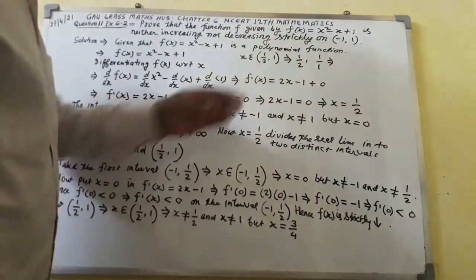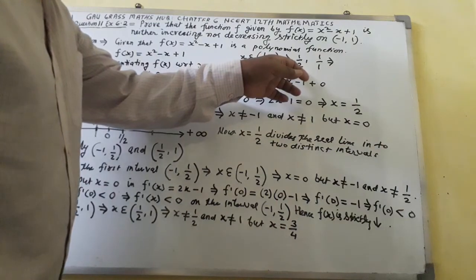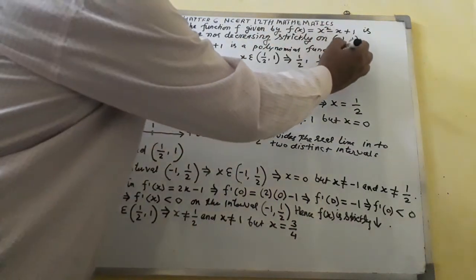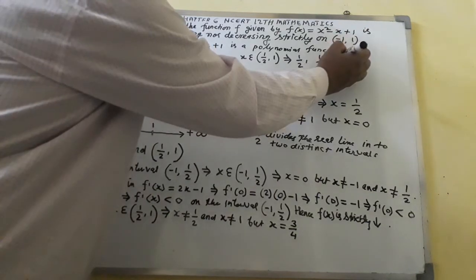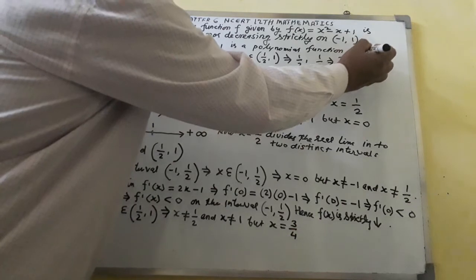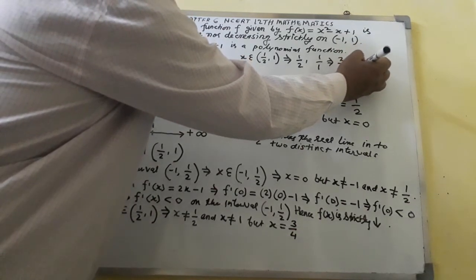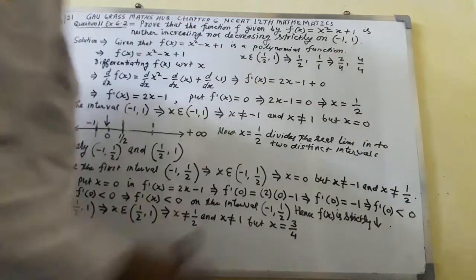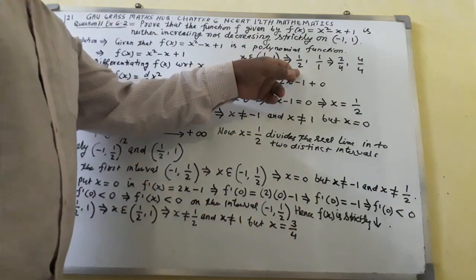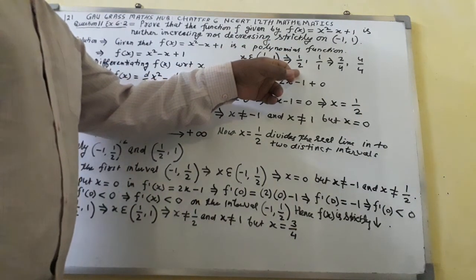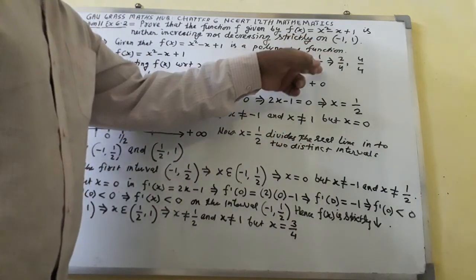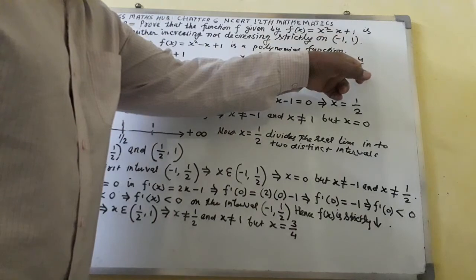Here I shall take 4. So 1 over 2 I shall write as 2 over 4, and 1 over 1 as 4 over 4.